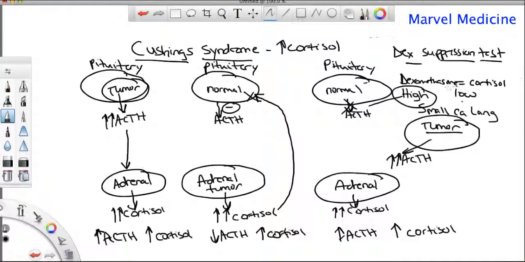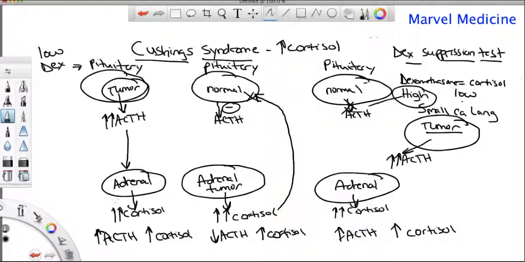Now, let's take the dexamethasone test in each scenario here. Let's take it first in the pituitary tumor. Let's say I gave this first patient with the pituitary tumor a low dose of dexamethasone. What would happen? Nothing.